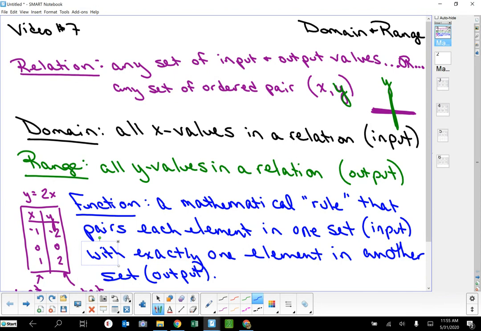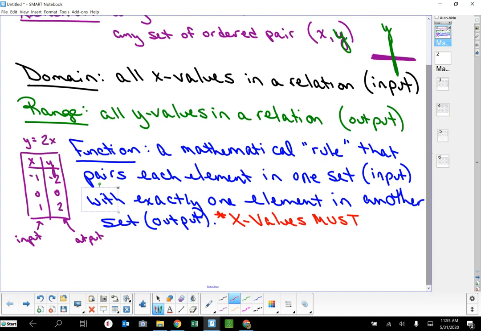And a note here: your X values must be unique, or not duplicated, for you to have a function.